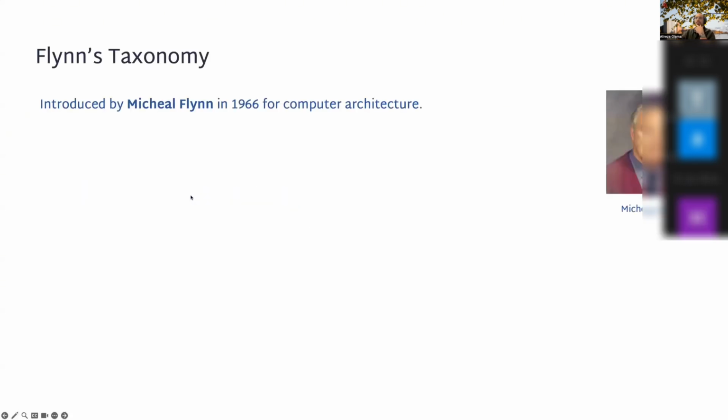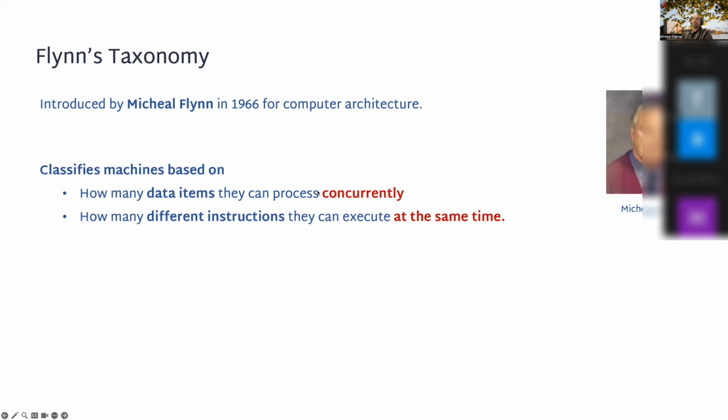All right. So let's first talk about the taxonomy of the parallel machines, which is called Flynn's taxonomy. This taxonomy was introduced by Michael Flynn in 1966 for general computer architecture. And it classifies the machines, the computers, based on two different things.